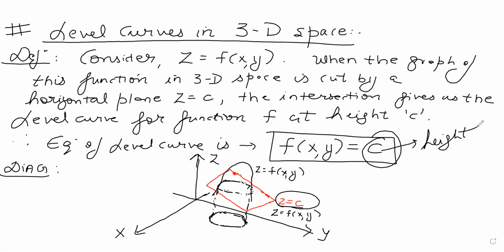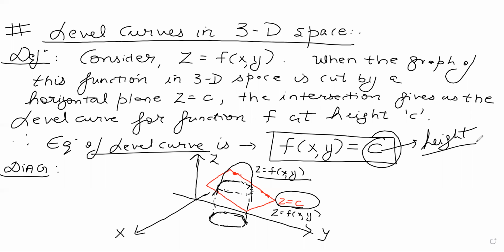Now that height at which the paper is cutting the curve is going to give you the level curve for that particular function. So the level curve will be the points of intersection of the function with the plane at a given height. And in this case, the height is nothing but c.